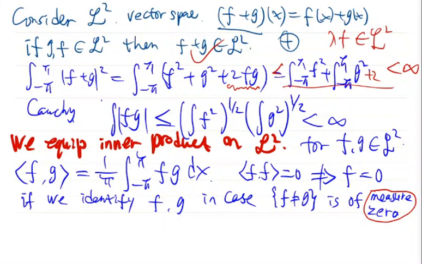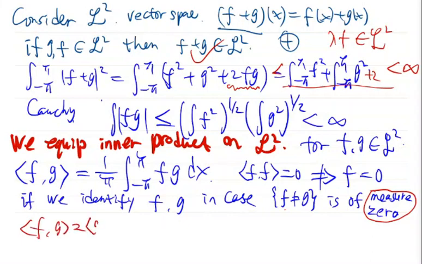So we cannot expect that the integral of f squared being 0 gives f identically 0. At most we can expect is that f is almost 0. Then we identify two functions that are almost identical to be equal. In this manner, this is really an inner product, as you can check.